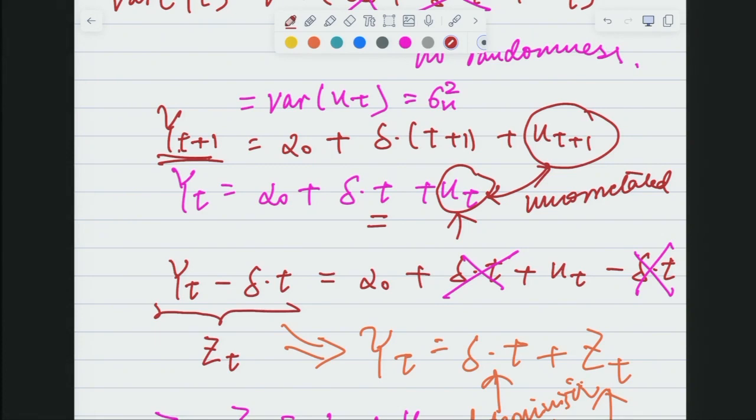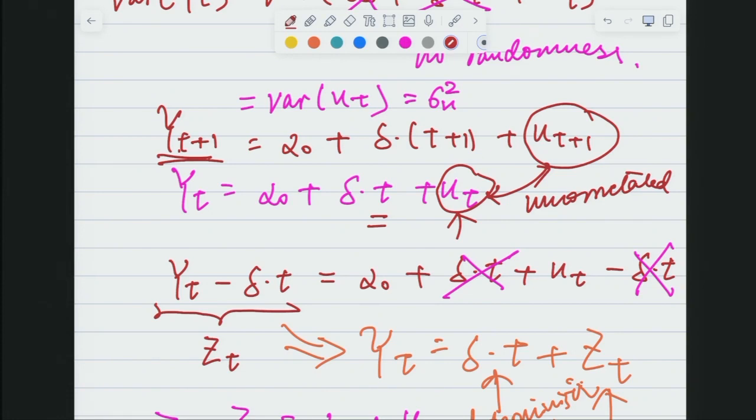Now, there's one thing here that you have to be a little bit careful about. The random walk is a special case of a stochastic trend. Remember on the previous slide, we said that the stochastic trend is the accumulation of a mean zero stationary process. All we require for that stationary process is just mean zero.